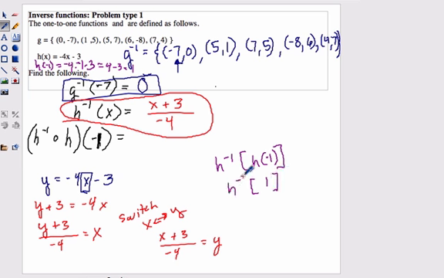Now I'm just going to repeat this process. I substitute here, and now I want to find the inverse using the inverse function of h. When I input a 1 into that, what do I get back? Here's my inverse function right here. We'll use this since that's written in that form.